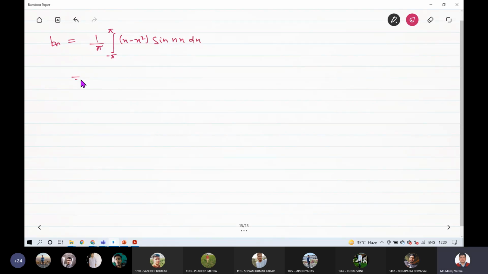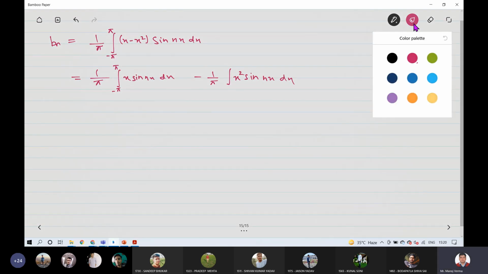So if I open this integral, this will be 1 over pi, minus pi to pi, x sine nx dx, minus 1 over pi, x square sine nx dx.